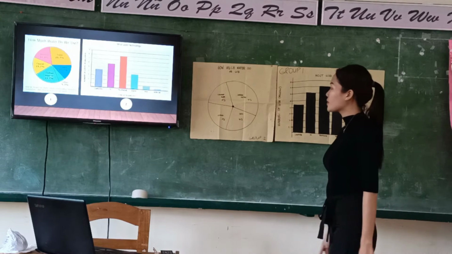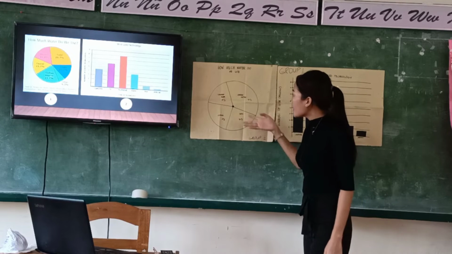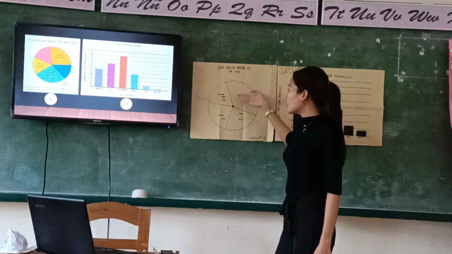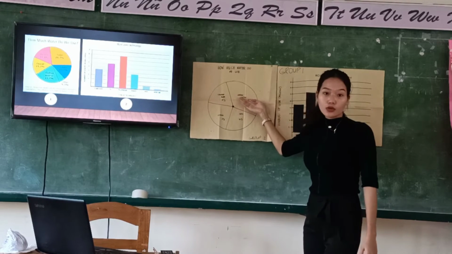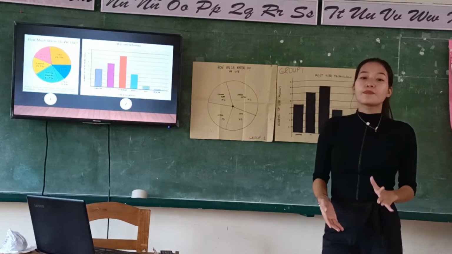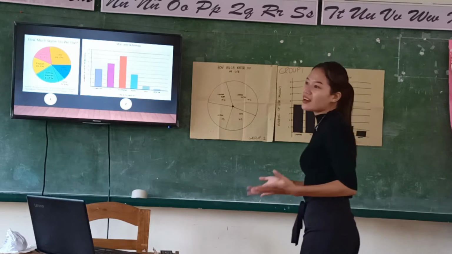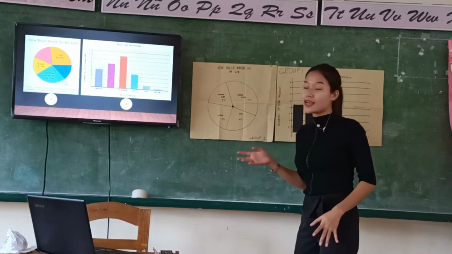Okay, so the group 2 here shows that the water they used for washing their clothes was 40%. So, right, we all use much water for washing our clothes because why not? We all wash our clothes every day.